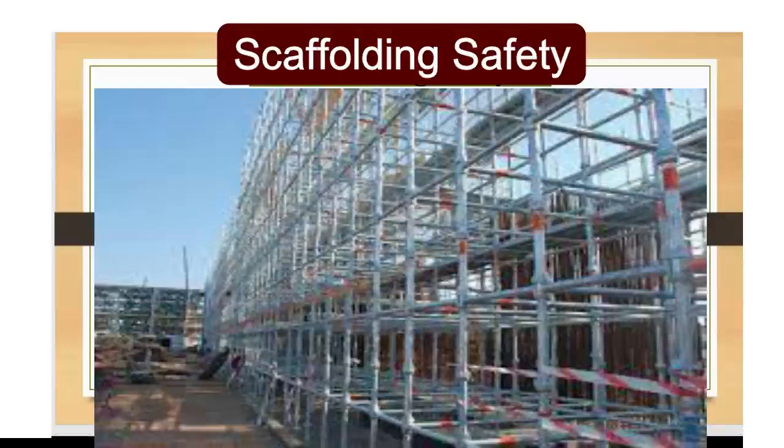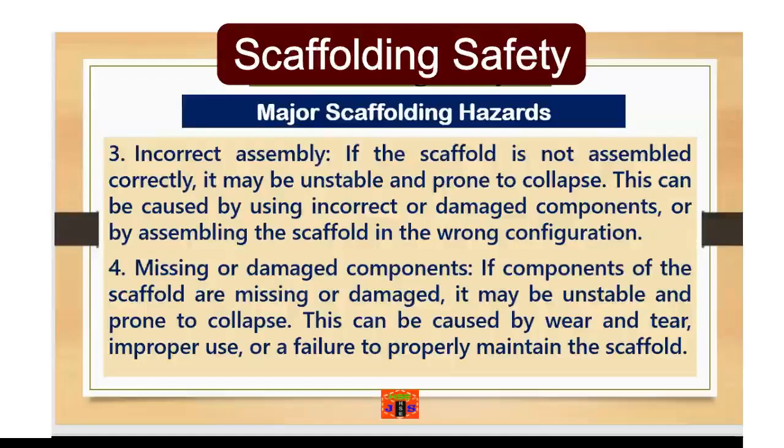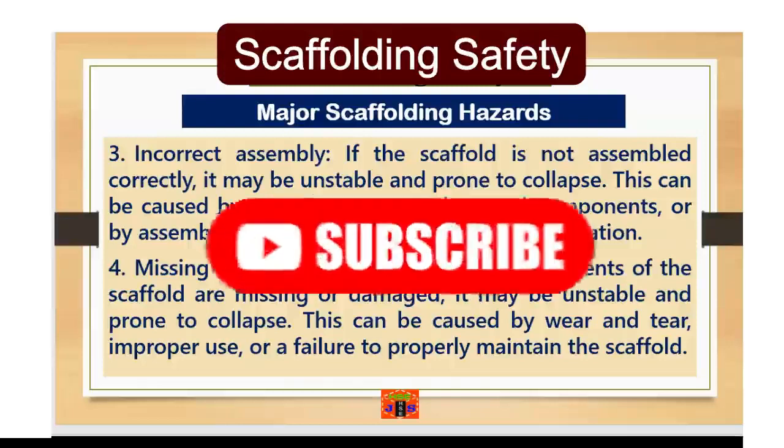Number 3, incorrect assembling. If the scaffold is not assembled correctly, it may be unstable and prone to collapse. This can be caused by using incorrect or damaged components or by assembling the scaffold in the wrong configuration. Who can do it?